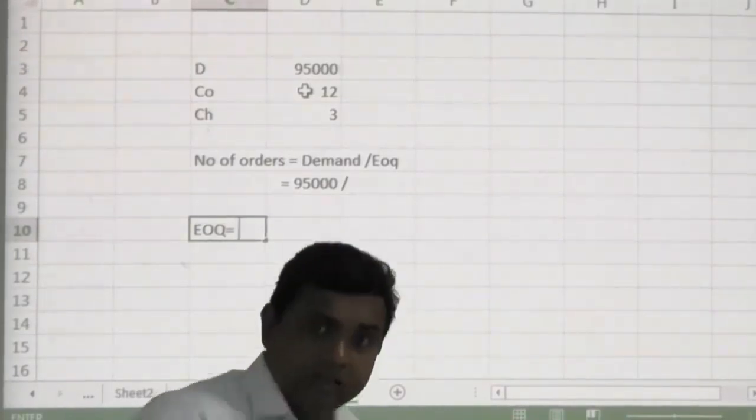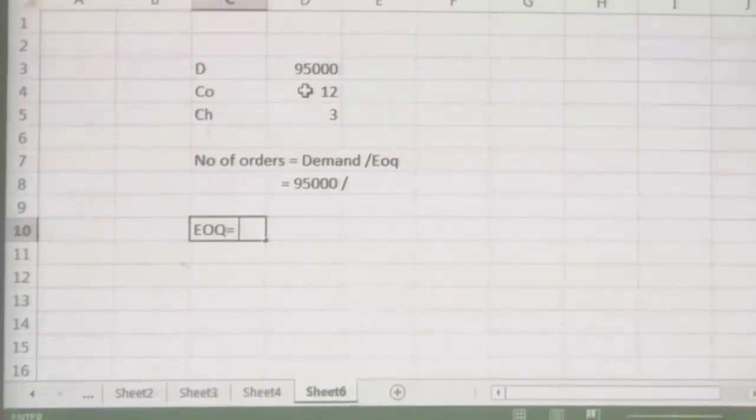Use your calculators and find it. 2DCO divided by CH: the square root of 2 times 95,000 times CO, that is 12, divided by 3, then the square root of that.